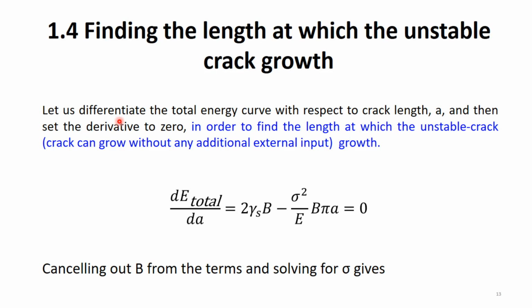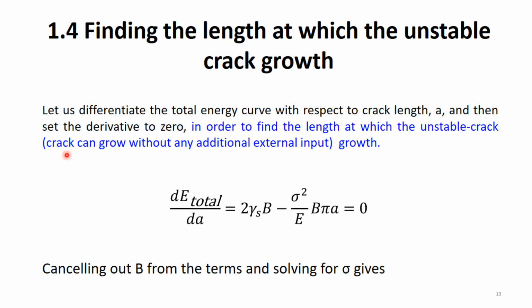In order to find the length at which the unstable crack grows, let us differentiate the total energy curve with respect to crack length A. So we are differentiating equation 5 and then setting the derivative to 0 in order to find the length at which the unstable crack grows.